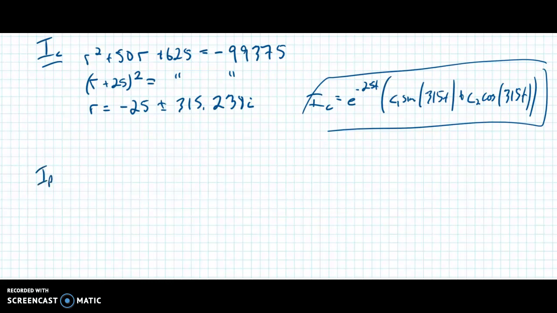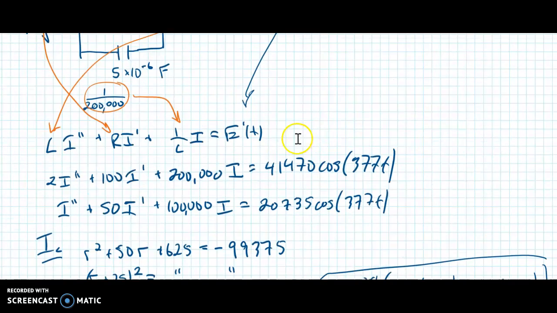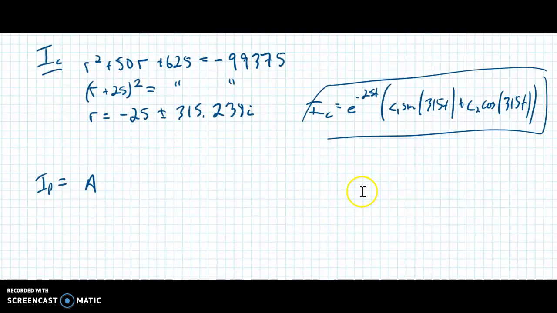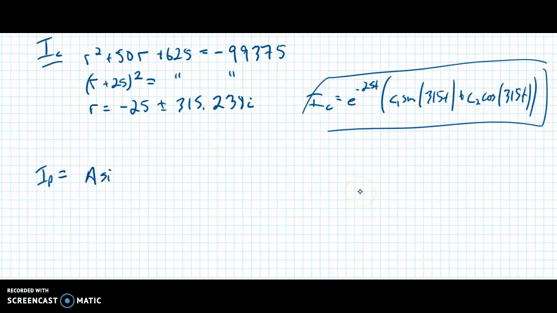I_P is equal to A sine of 377t plus B cosine of the same thing, since I have cosine of 377t on the right side.